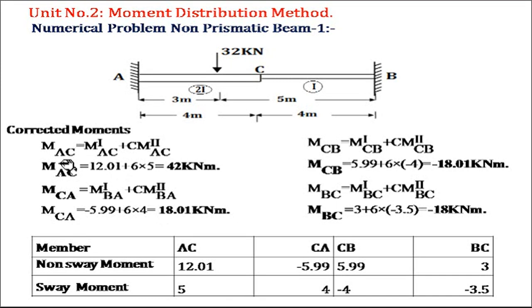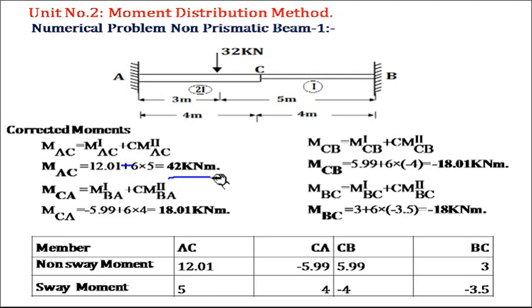Now the corrected moment in member AC will be moment due to non-sway analysis in member AC plus C, that is correction, into moment due to sway analysis in member AC. So moment due to non-sway analysis in member AC is 12.01. The correction is 6, so plus 6 into moment due to the sway analysis, that is 5.